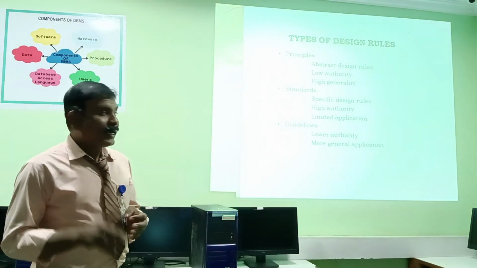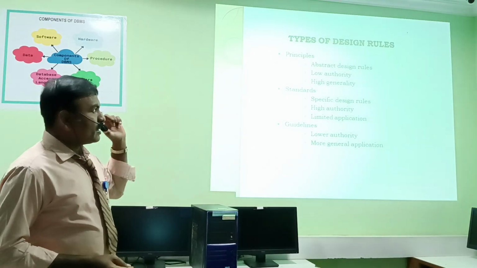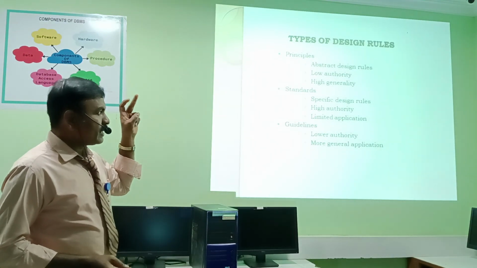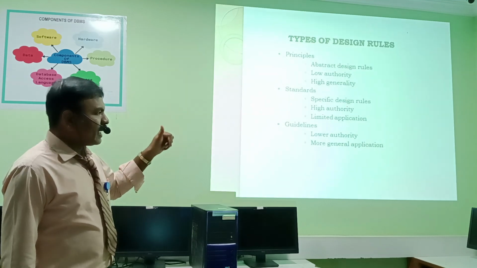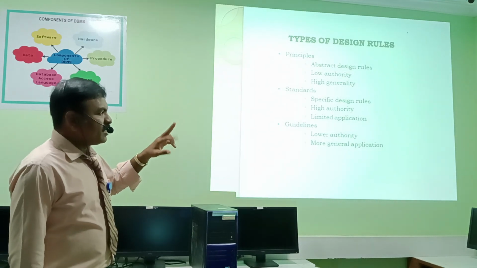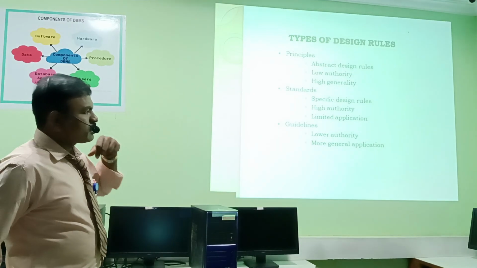Guidelines: lower authority, more general applications. See here, the principle specifying low as well as high. In the standard, high; guidelines is low. The limitation is variations from different perspectives.